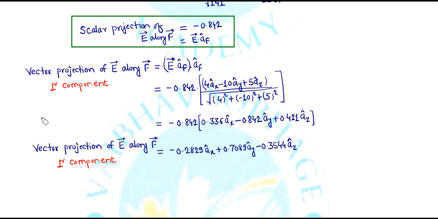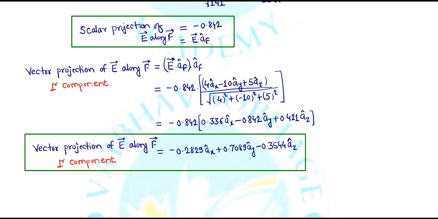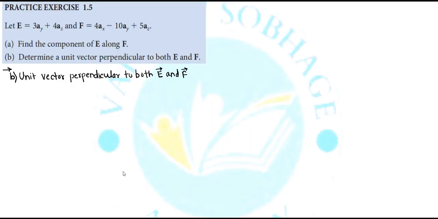Now we will move on to the part B of the numerical. Now in part B of the numerical, we have to find out what is the unit vector that will be perpendicular to your both given two vectors, that is vector E and vector F. Now for here in this case, we are going to make use of the cross product. So from the basic definition of the cross product, what we have?